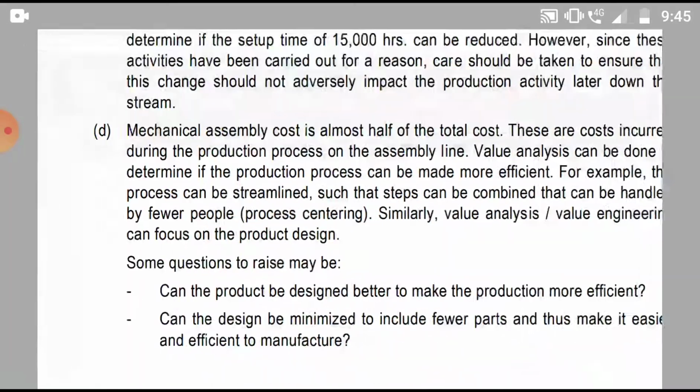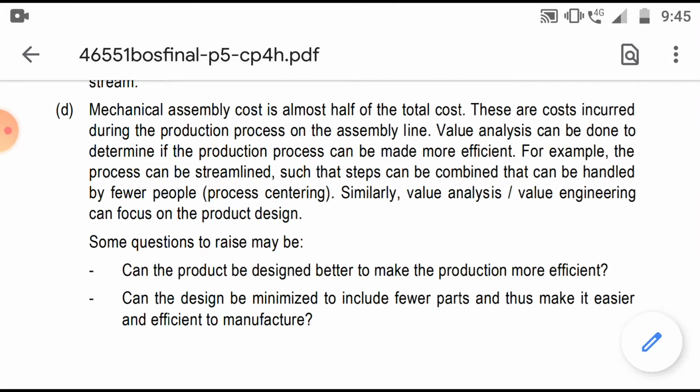So what is given is that mechanical assembly cost is almost half of the total cost. These are the costs incurred during the production process on the assembly line.